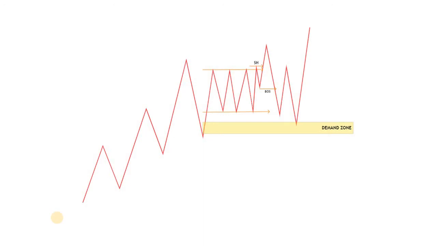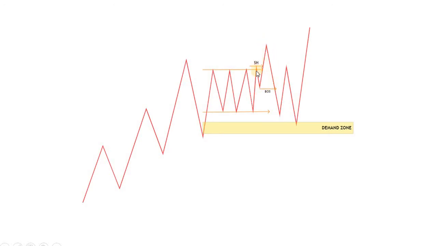What you can see on the screen is that we are, for example, in an uptrend, and price started ranging. Possibly this could be the Asian range, and then we have this move creating a liquidity grab, and then we have this very emphatic breakout structure to the downside.